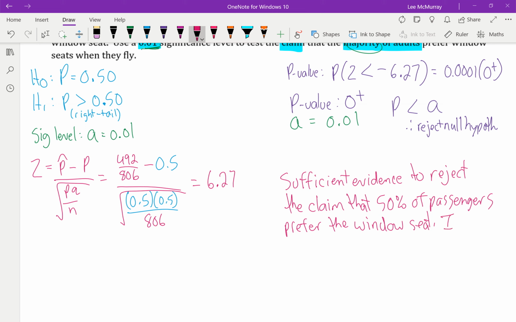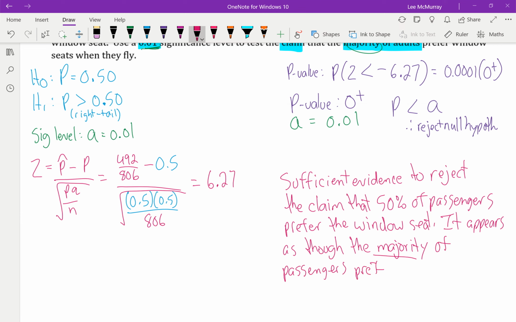We can say it appears, though, so basically 50% is too low, right? It appears as though the majority of passengers prefer the window seat. There we go.